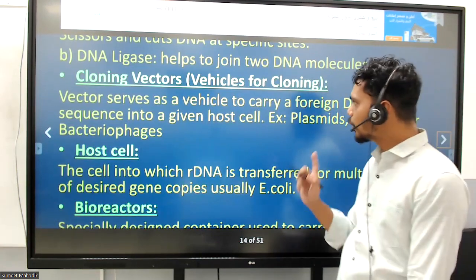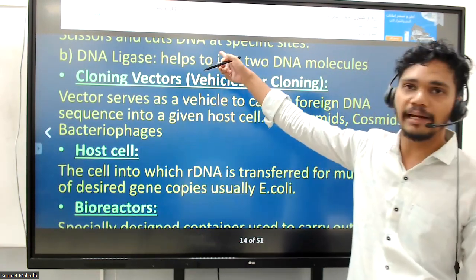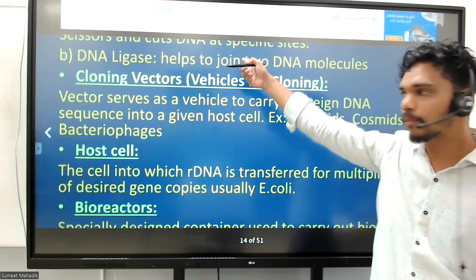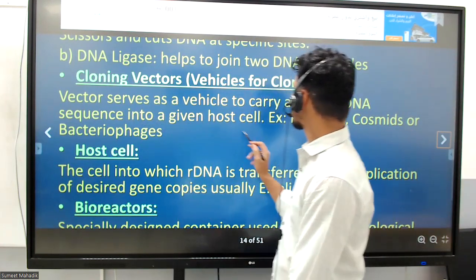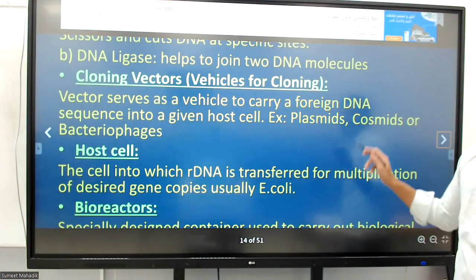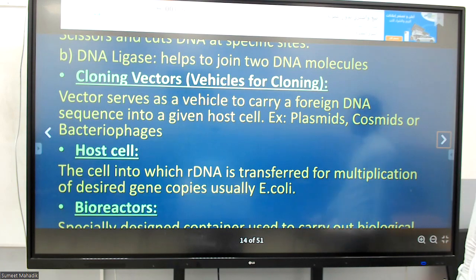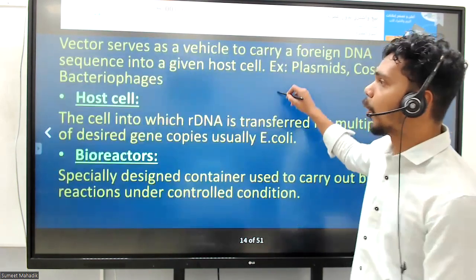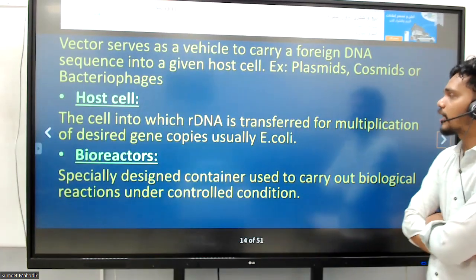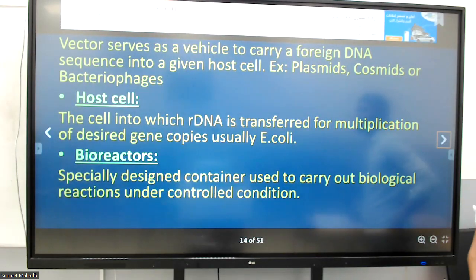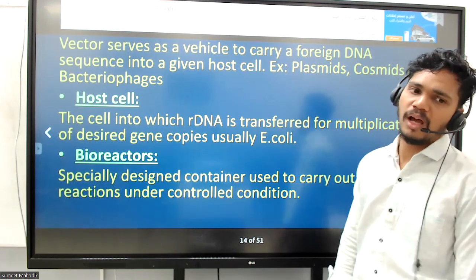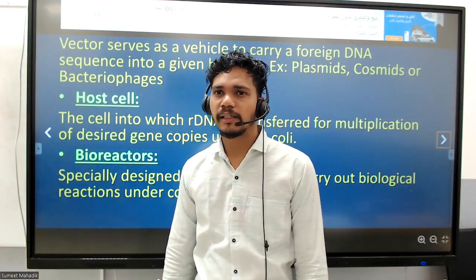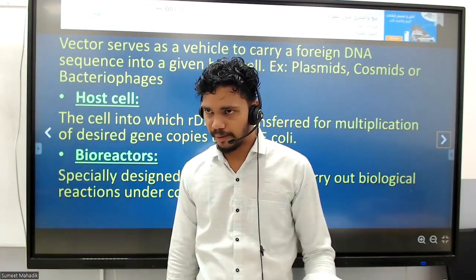Vectors serve as a vehicle to carry foreign DNA. What is foreign DNA right now? That which we are getting from above into the given host cell. Examples: plasmid, cosmid, or bacteriophage. Plasmid is for plants, cosmid or bacteriophage for viruses. Host cell: the cell into which DNA is transferred for multiplication of the desired gene, usually E. coli. Why are we taking E. coli? The advantage is that it is not a harmful bacterium, that's why we use it.